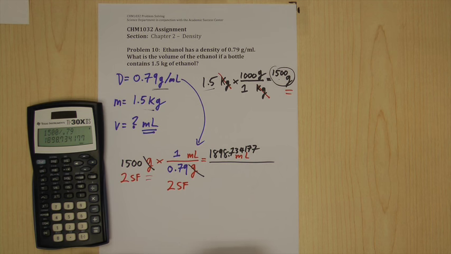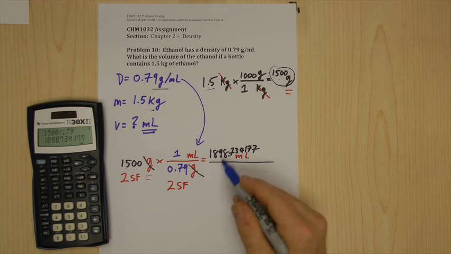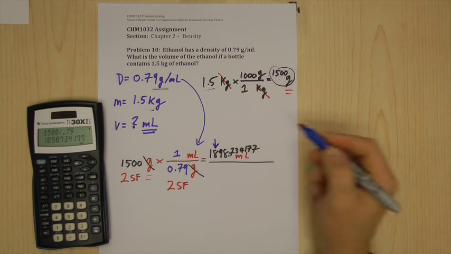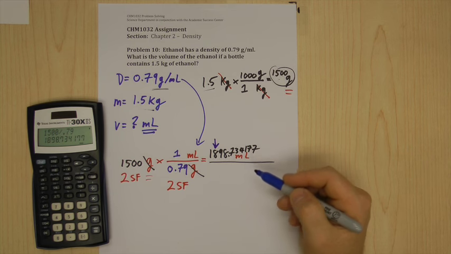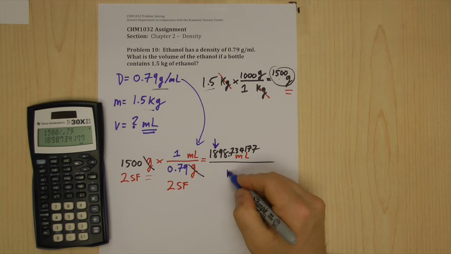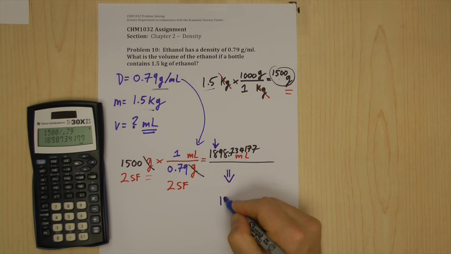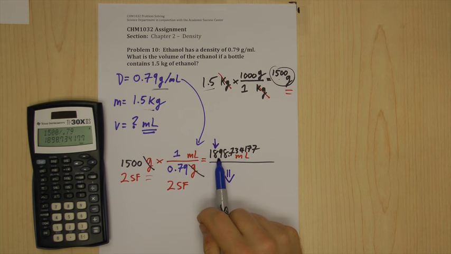So we have to be careful. We need to round this number to two significant figures. My second significant figure is my 8. That 9 is going to round the 8 up by 1. So the final answer will be 19. Now, I know a lot of you want to leave it at 19. But be careful.